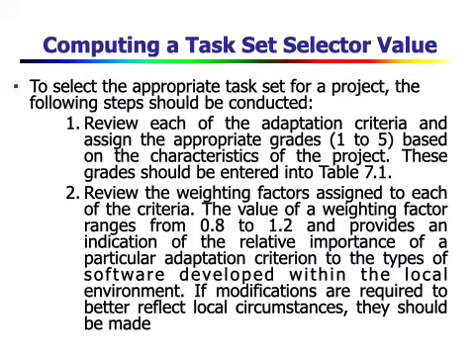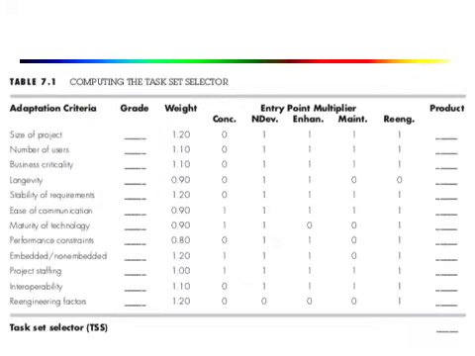So as the second step, what you're going to do is you're going to review the weighting factors. That is the third column. You have some weights for each adaptation criteria. So these weighting factors range from value 0.8 to 1.2.